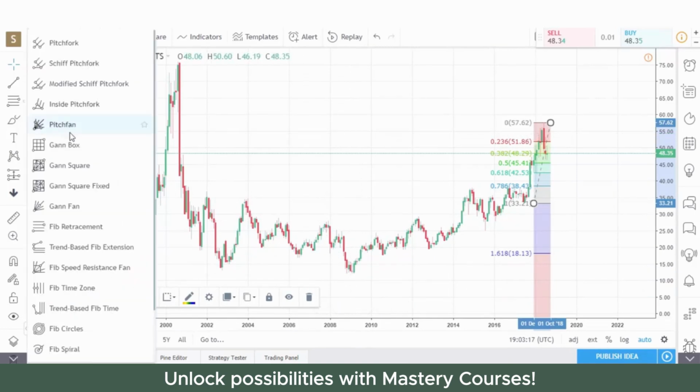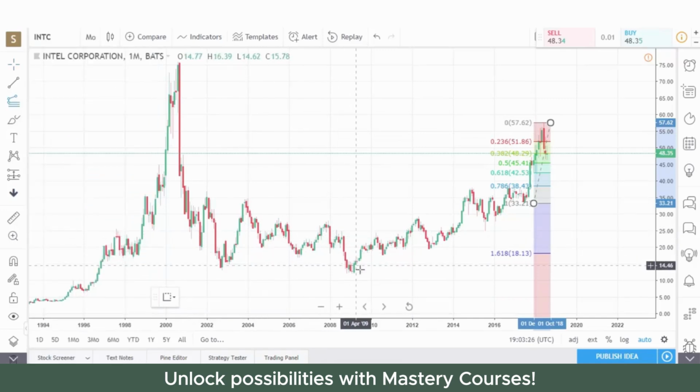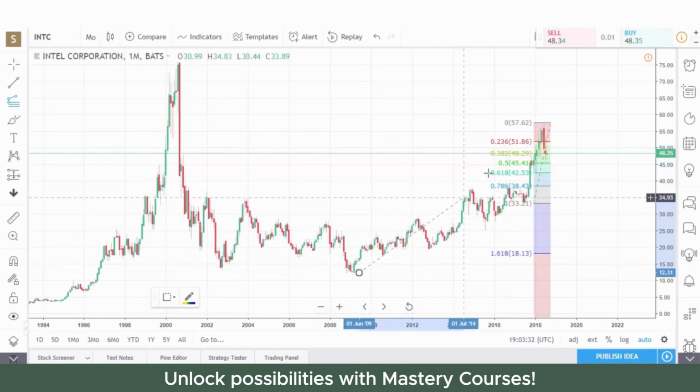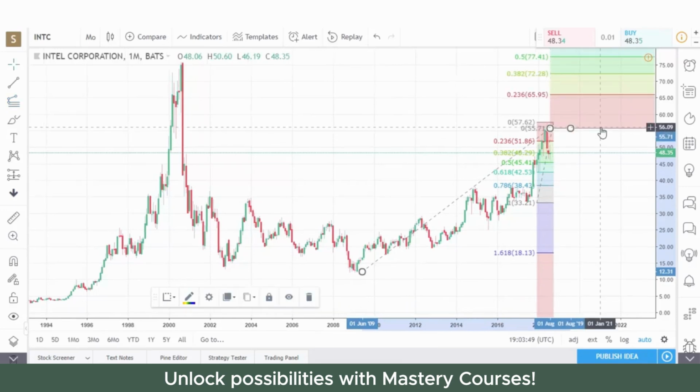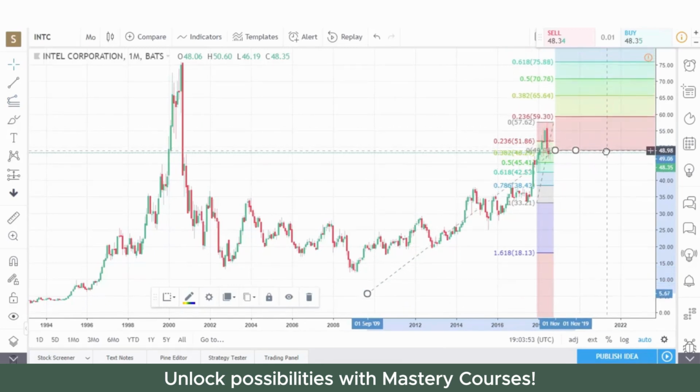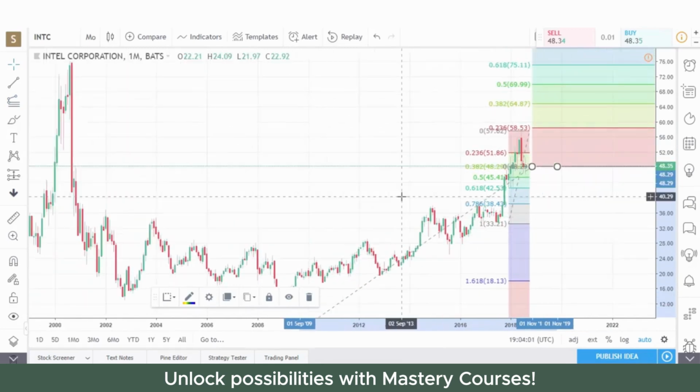We go over to trend-based Fibonacci extension. Click that. Place our cursor on the low. We're going to pull it up to the high here. Click our cursor. And then we're going to drag the bottom of the Fibonacci extensions down to the first retracement here.